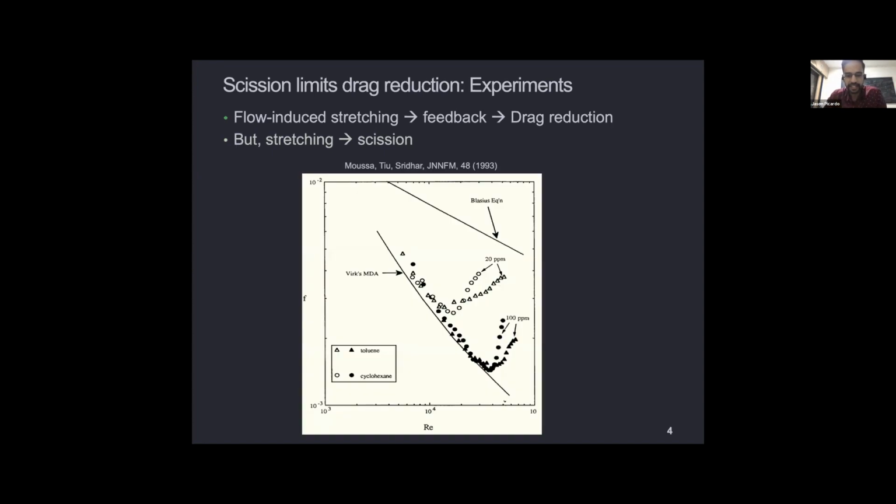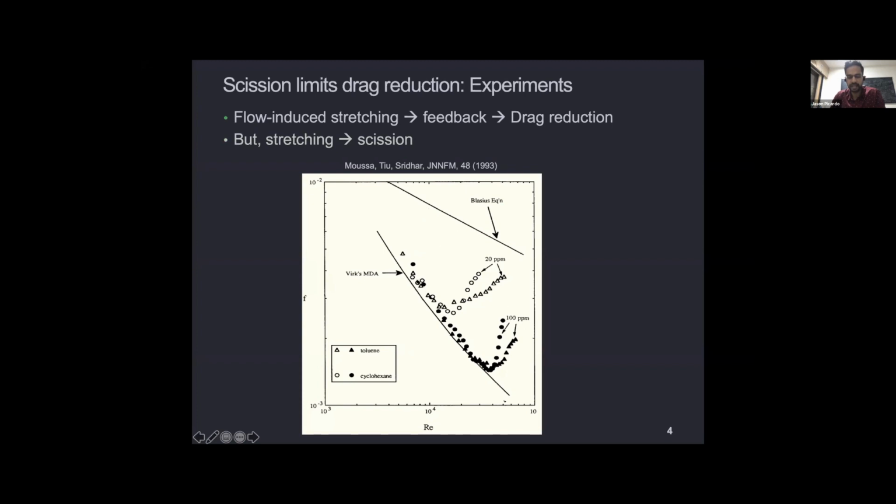So here is a very telling experiment done in 1993 by Moussa et al., which shows you both phenomena together. These authors measure the friction factor in a pipe at different Reynolds numbers. And in this plot, you see the top line here is the Blasius equation, which gives you the Newtonian drag or the Newtonian friction factor. And you see the polymer solution has a dramatic reduction even for ppm level concentration.